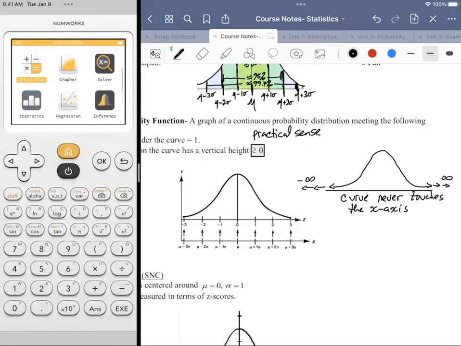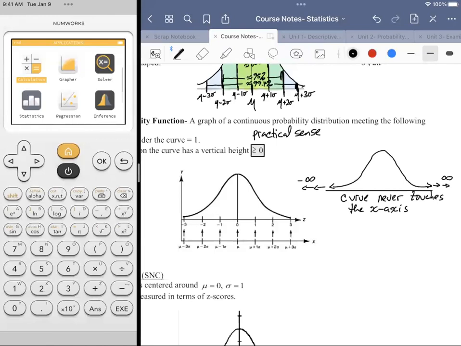So you have the theoretical part of things, the calculus of it, if you will, where yes, you can never actually make contact with zero, but in a practical sense, if I'm telling you that the height of the curve at a particular point is, let's say, 0.00000125, you're like, well, that's damn near zero.